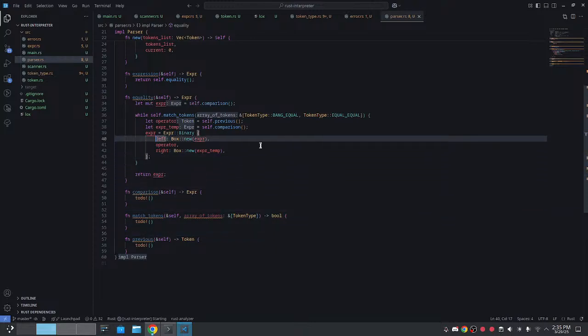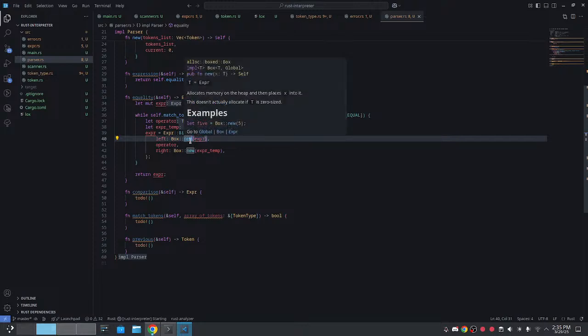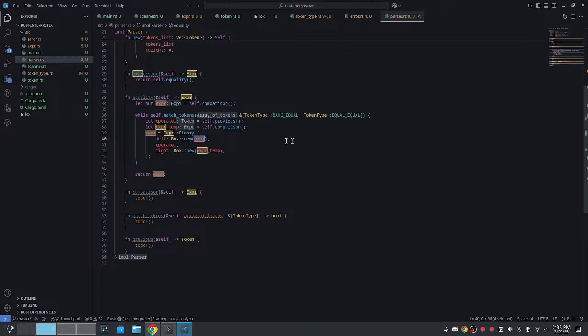What Box does is it basically allocates this memory to the heap, right? By default, all the memory in Rust, unless specified, is stored on the stack, right? So Box allocates the expr memory onto the heap.